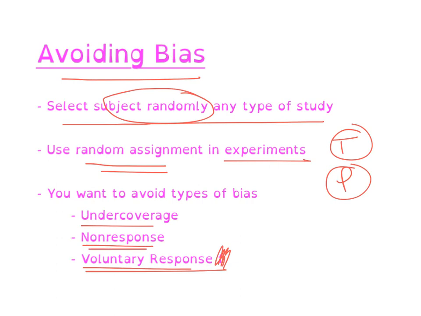Non-response means that you are getting people that are unable to participate in the survey or study, and this may affect your study very highly. Undercoverage means that some members of the population aren't represented in the study, and this is why we really want to make sure we have randomness involved so that we cover all types of people, things, or whatever you are analyzing.